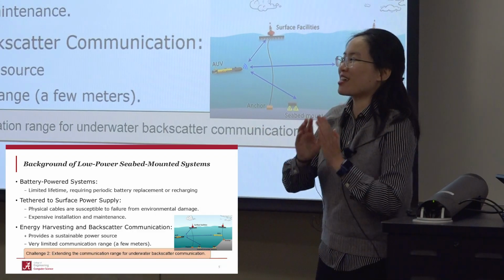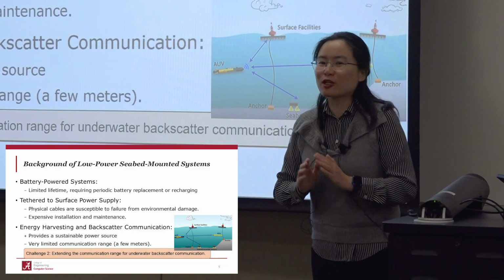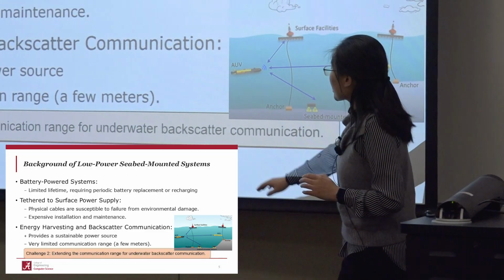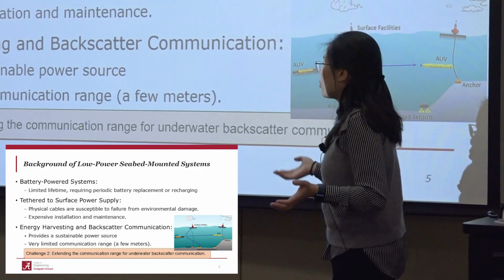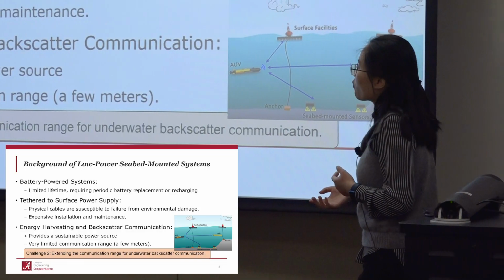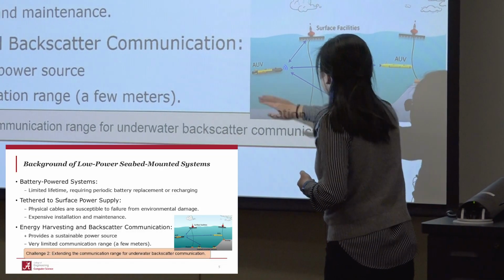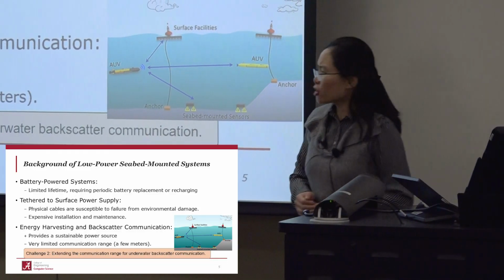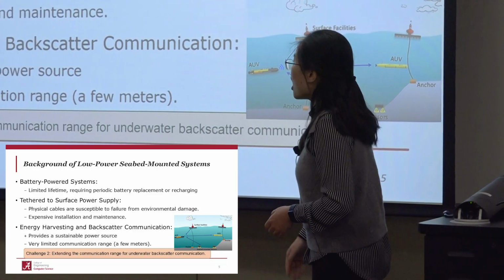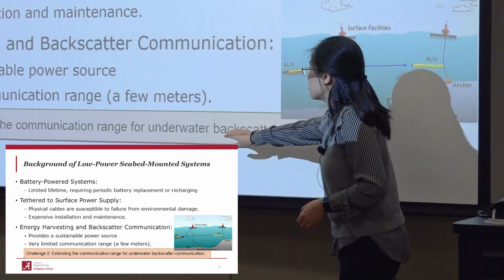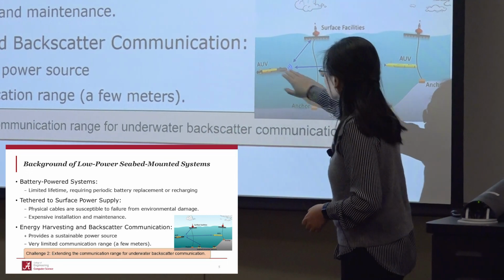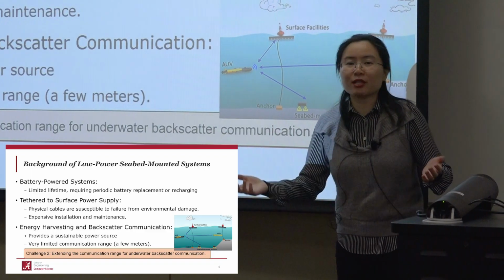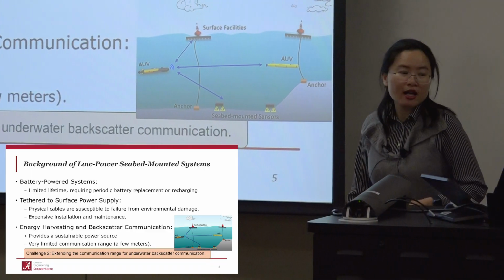So with only a few meters of communication range, it won't be possible for the current AUV to collect data from those devices. So our second challenge is how we can extend the communication range of backscatter communication to, for example, tens of meters or 100 meters.